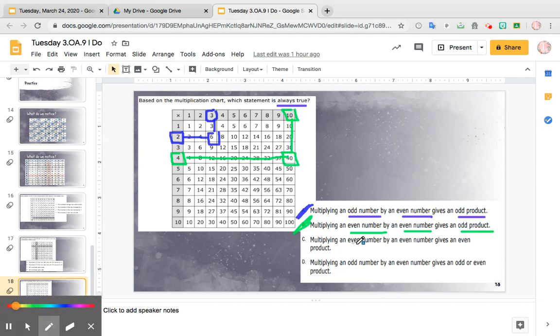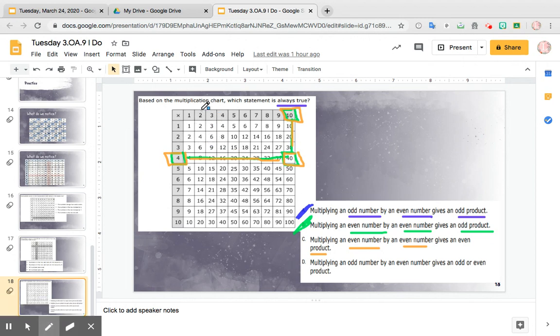All right. Multiplying an even number by an even number gives an even product. Well, we just did that. We did 10 even times 4, which is even. And that gave us an even product. So I like that. And let's just try another one just to check. So I'm going to erase this to give me some room.